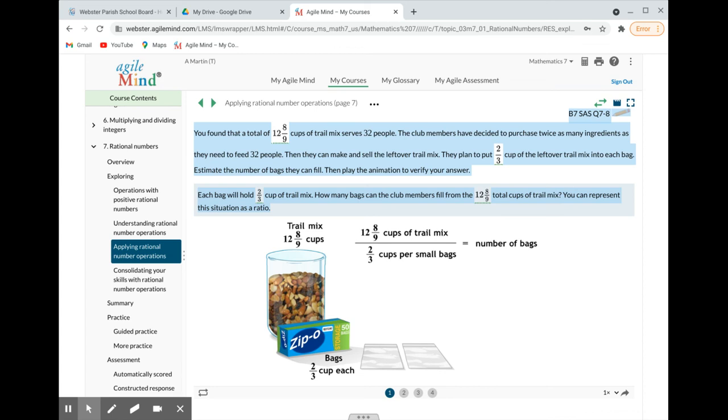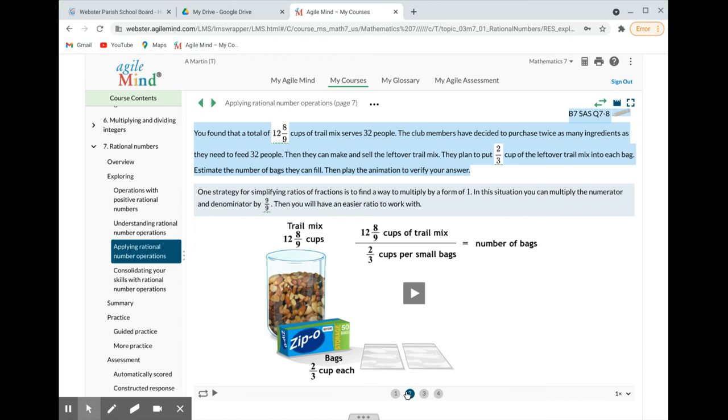Yes. What are we going to have to do to 12 and 8 ninths before we can do anything? Got to change it to a what? Improper fraction. Correct. We're going to change it to an improper fraction. And then can we divide by a fraction, or do we have to multiply by the reciprocal? Multiply by the reciprocal. Correct. All right.